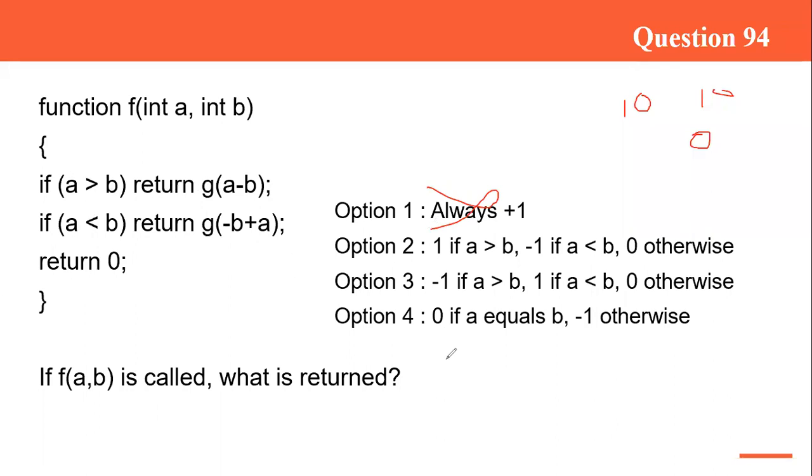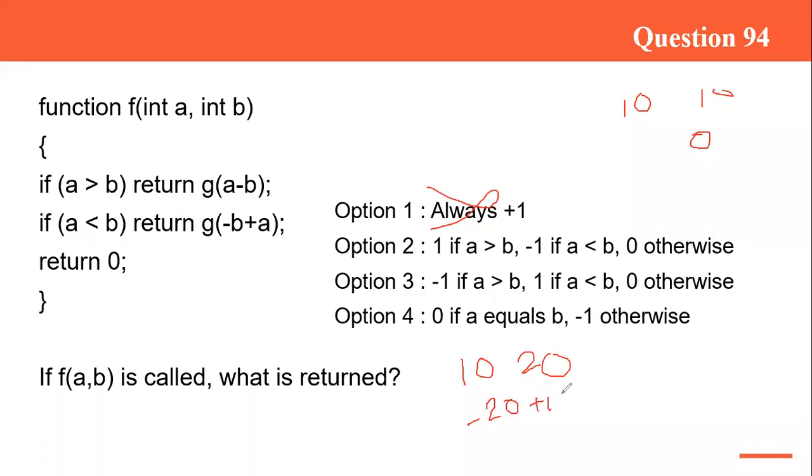If I take 10, 20, what will happen? 10 greater than 20. Is it true? No. It will come to the else spot. 10 less than 20. Is it true? Yes. We are doing minus B, that means minus 20 plus 10.